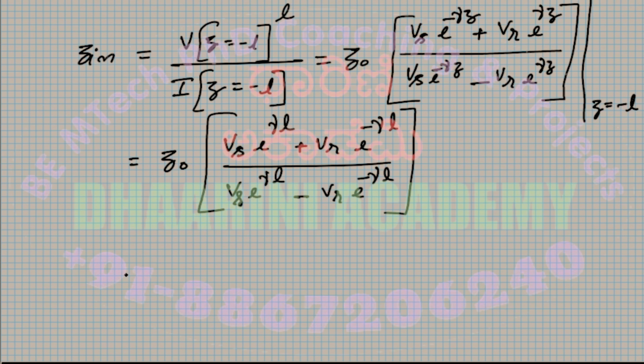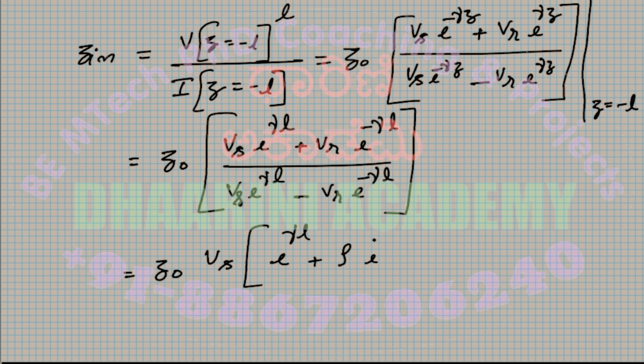So this is equal to Z naught into, in the numerator, take out a Vs. What remains is e to the gamma L plus Vr by Vs. What is Vr by Vs? If you remember, that is rho, the reflection coefficient, reflected voltage by supplied voltage.